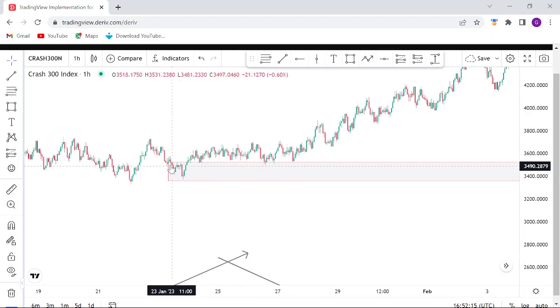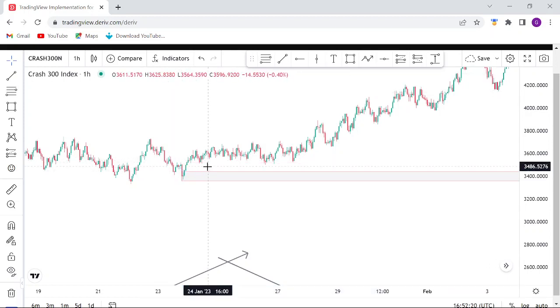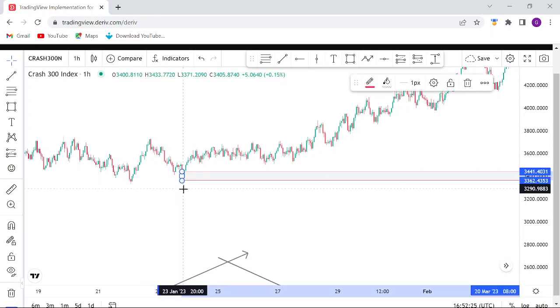Okay, we are refining the order block at this point, and as you can see, this is a valid order block. This candle is now a valid order block.